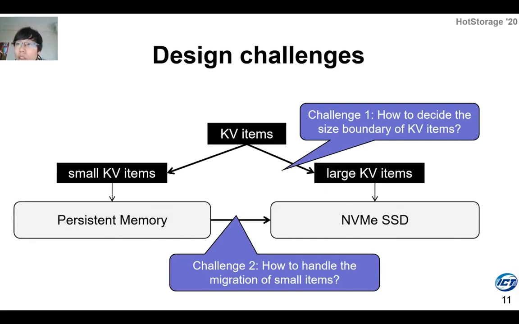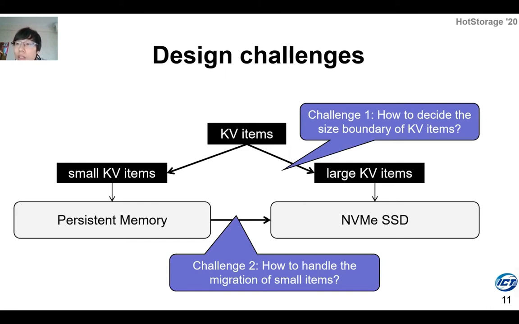The key point of SplitKV is to split the I/O path of the written data. At the same time, it also faces two challenges. First, because SplitKV needs to decide whether it is writing to PMEM or SSD according to the size of the key value item, we need to consider how to decide the size boundary of key value items.